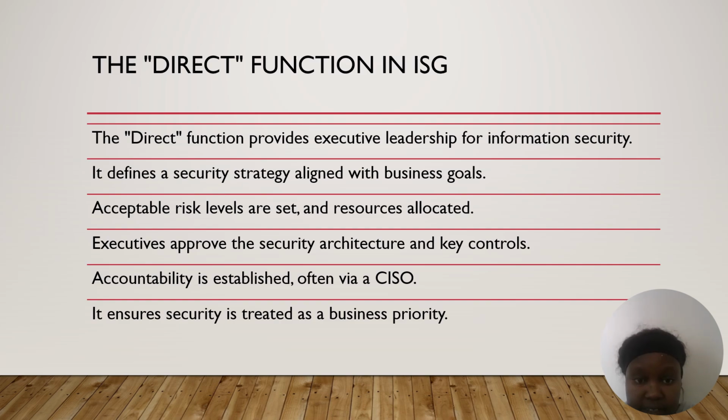It defines a security strategy aligned with business goals. Acceptable risk levels are set and resources allocated. The executives approve the security architecture and key controls. Accountability is usually established, often via the CISO, which ensures security is treated as a business priority.